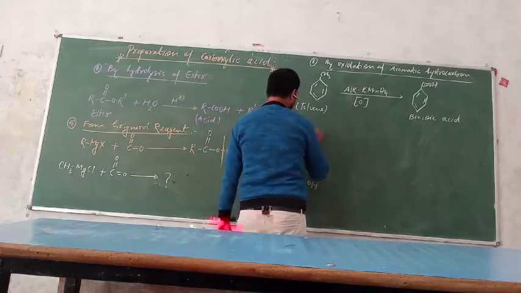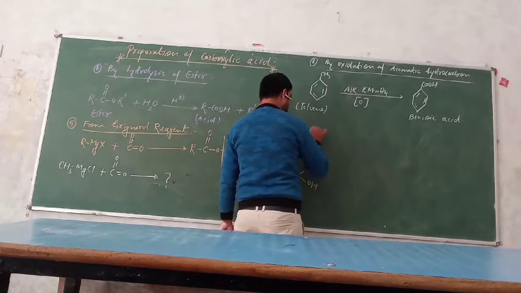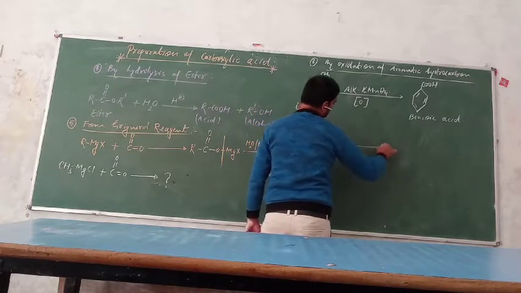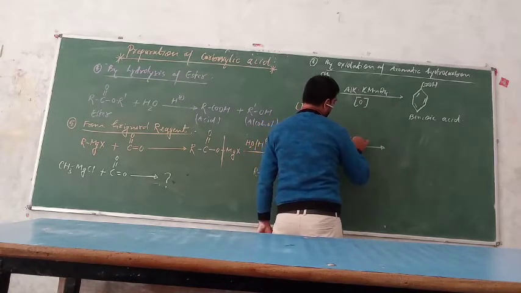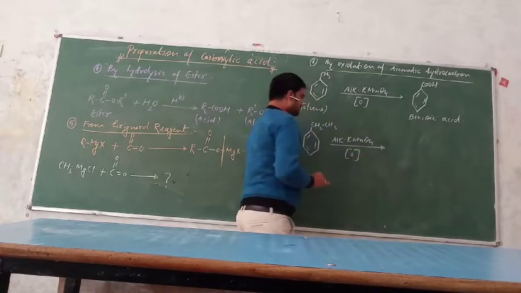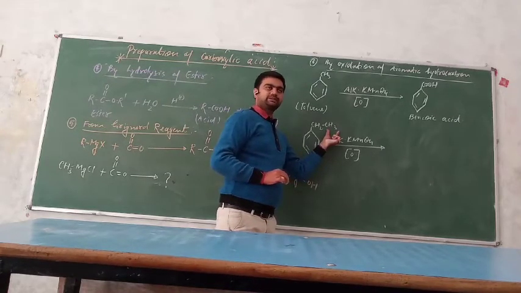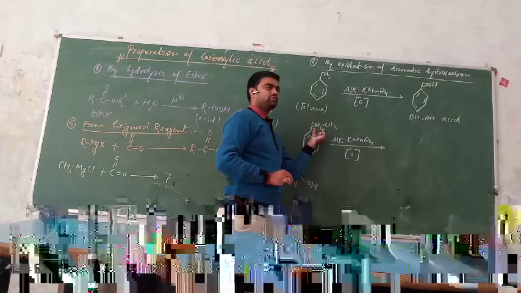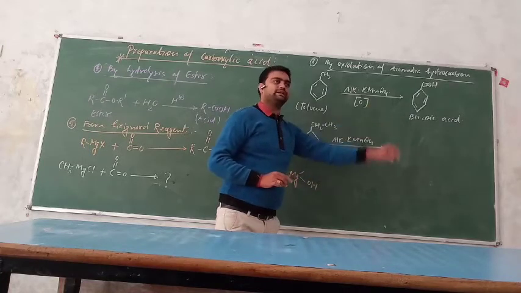Similarly, when another compound is given to you, like ethyl benzene, and when ethyl benzene is treated with the same oxidizing agent in the same condition, then this CH3 group or methyl group will oxidize into carbon dioxide and water, and this carbon which is directly attached to the benzene ring changes into the COOH group.